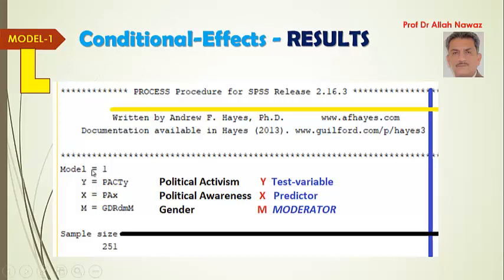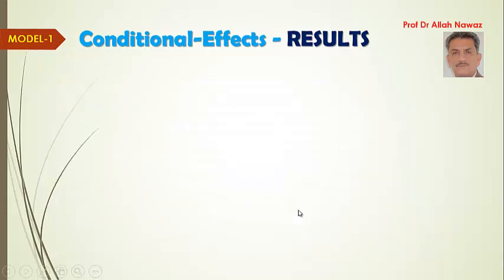It tells that Model 1 from the Hayes macros has been used, and we have added the Y variable, political activism, which is the test variable, the X variable, political awareness, as the predictor or main X variable, and the gender M variable, which has been used as the moderator.